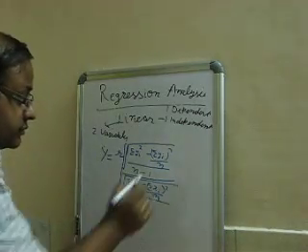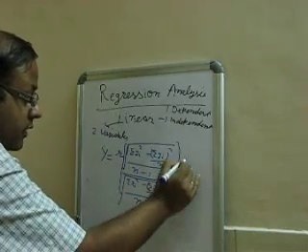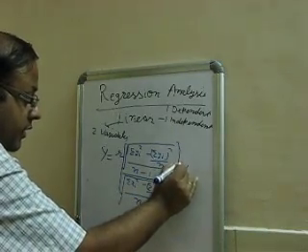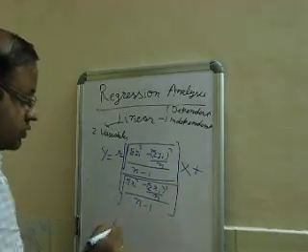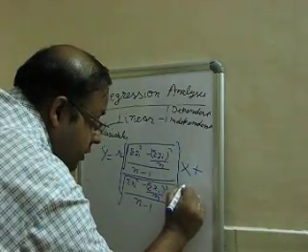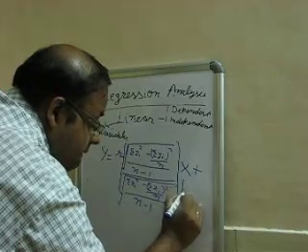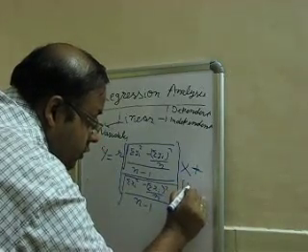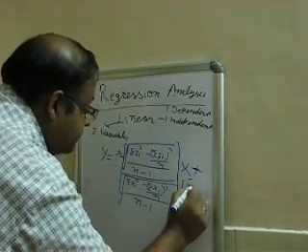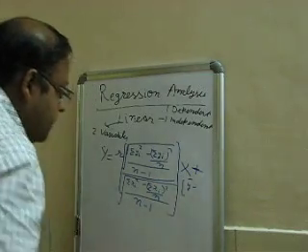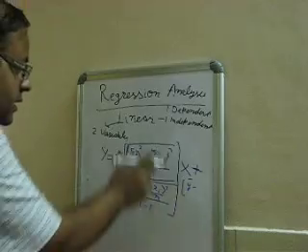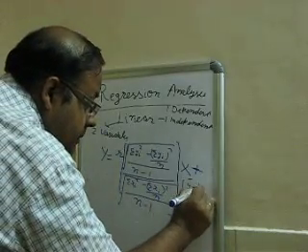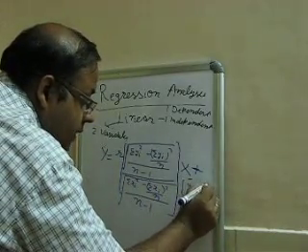Okay, and you have x plus you have c. So c is y bar minus this whole thing b x bar.